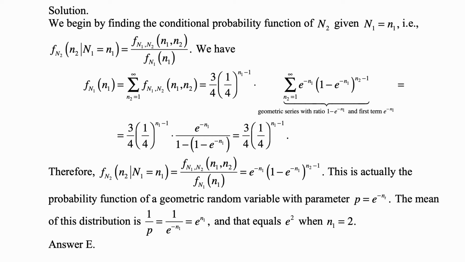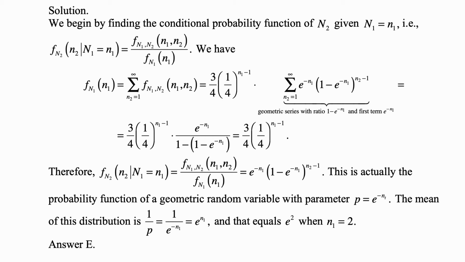We have a common factor in all of them which does not depend on N2, so we put it in front. That's 3/4 times 1/4 to the power N1 minus 1. And then we have the sum from N2 equal 1 to plus infinity of e to the minus N1 times 1 minus e to the minus N1 to the power N2 minus 1.